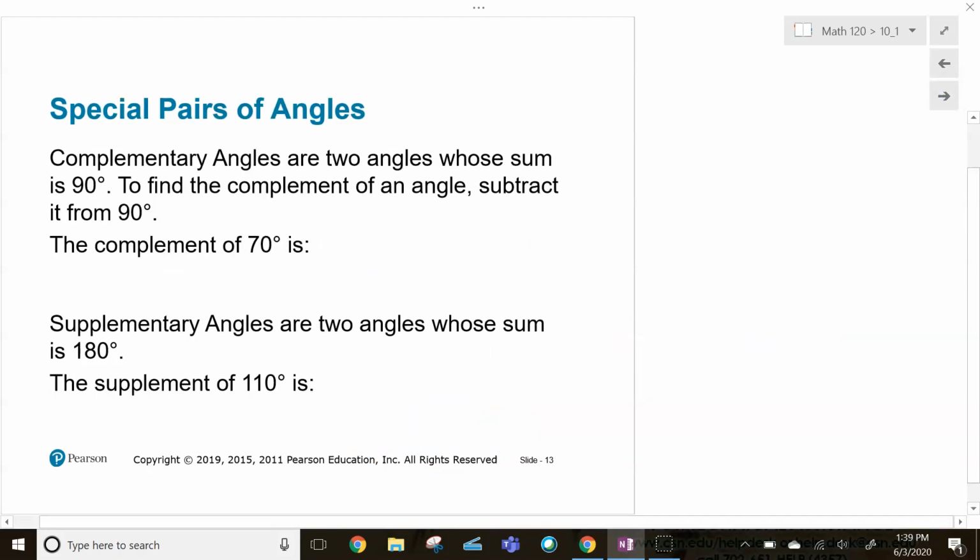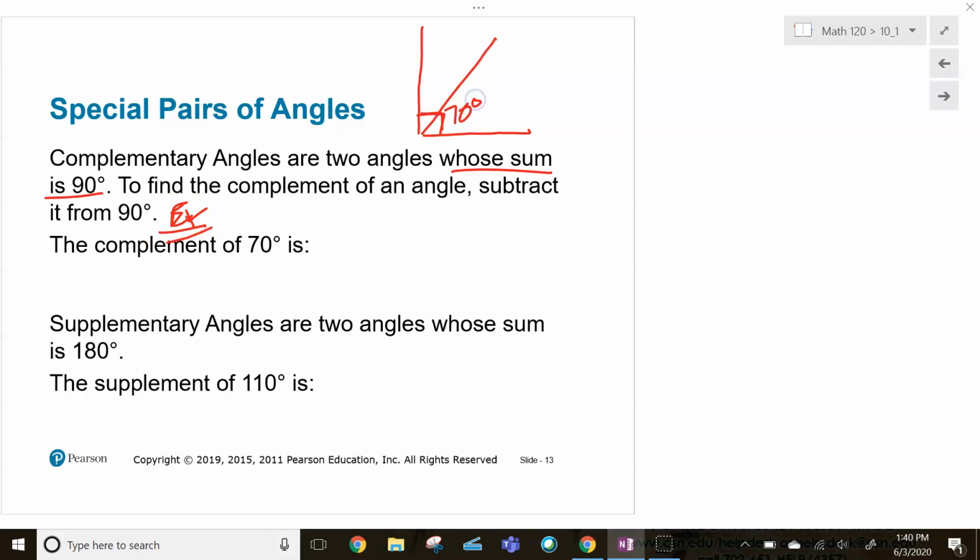All right, complementary angles. That just means there are two angles and they sum to 90 degrees. When you hear complementary, think corner. It asks us, for example, the complement of 70 degrees. Well, what's the other angle if these two add up to 90? 70 plus what gives you 90?